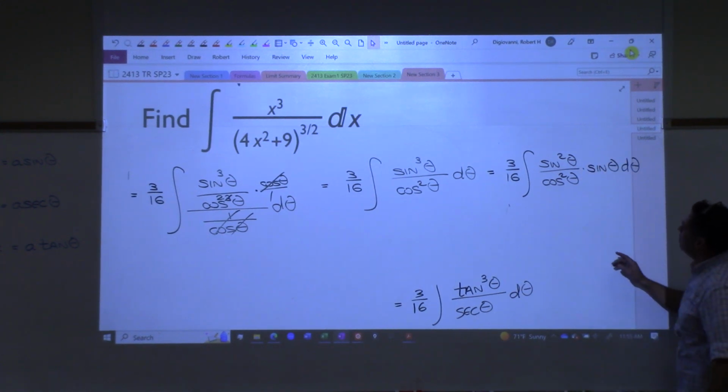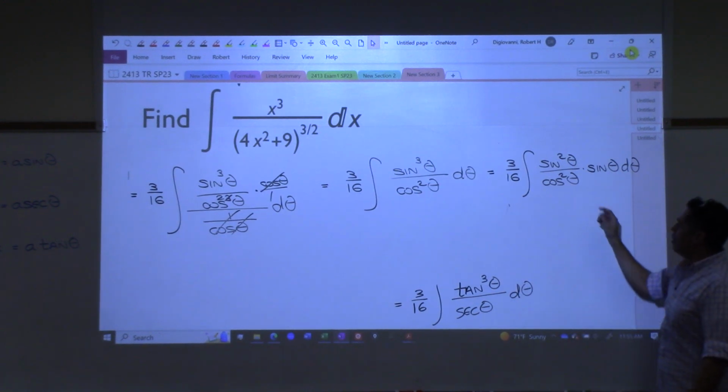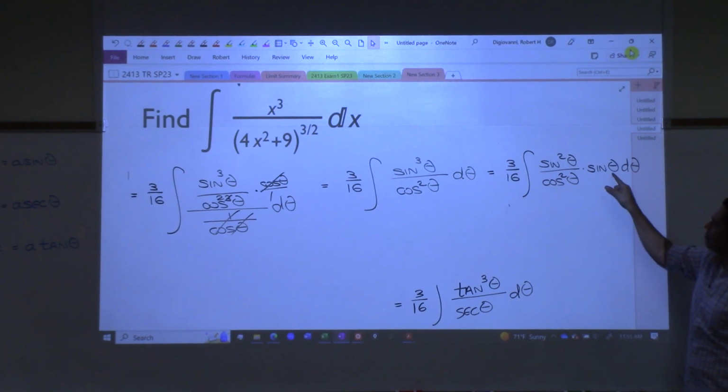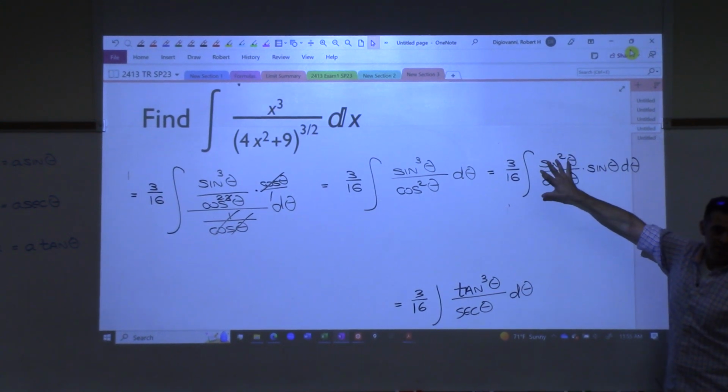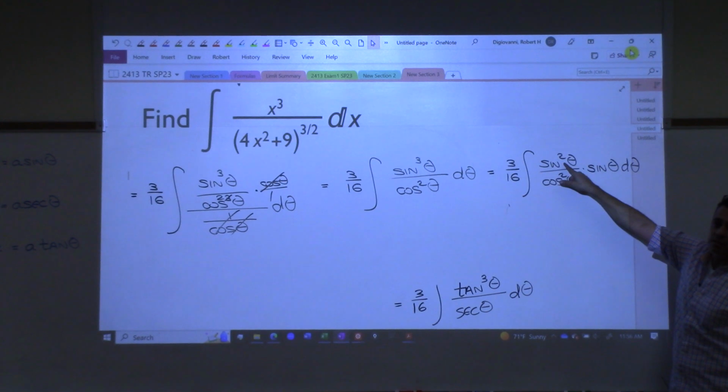Now I know you sit there and you're like, do y'all see what I did? Just peeled one off, okay? And I know you look at that and think, well, that's tangent squared. No, don't go there, because we've peeled off the derivative of cosine, up to a constant, right? So I need everything over here to be in terms of cosine, and I'm in business. The bottom is already cosine, and that sine squared is 1 minus cosine squared.